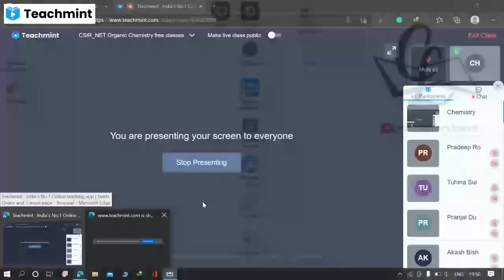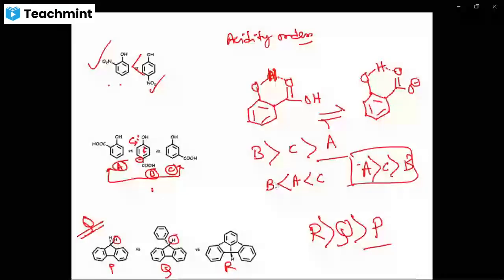Okay, so let me tell you. In all the cases, these are the acidic hydrogens, right? Now, if you draw the conjugate bases in each case, in the first case the conjugate base will be this one, with negative charge and these two aromatic rings. In the second case, it will be this one, and this ring is also there.